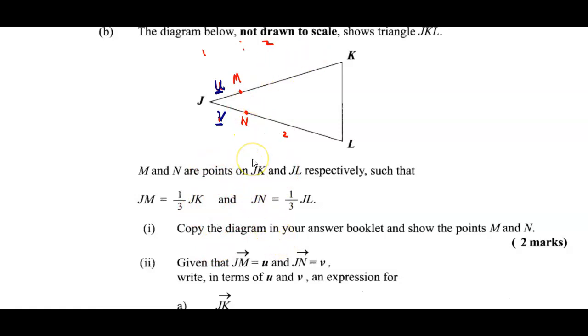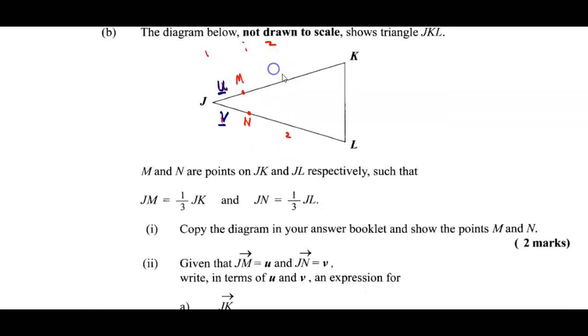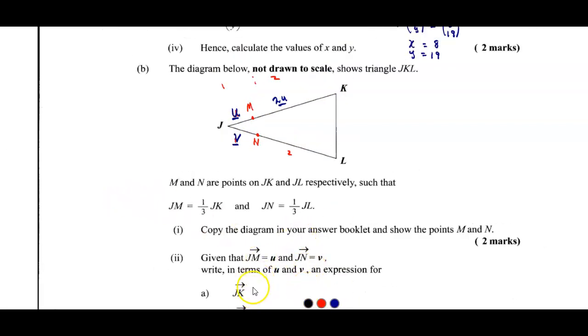So if this is u and that's 2u, it means that the full length JK would be 3u. So we can write down JK as 3u. Okay, now let's move on to the next part of the question.